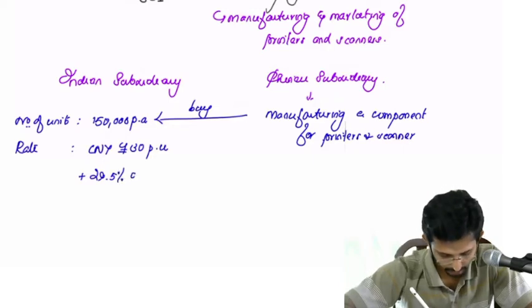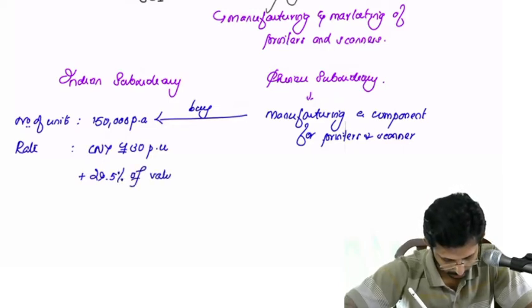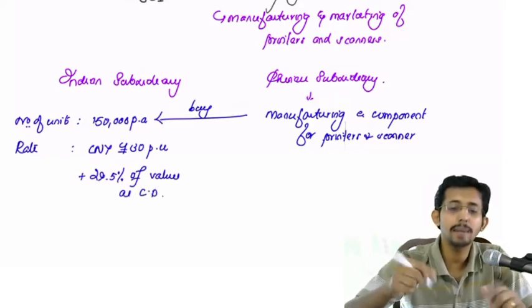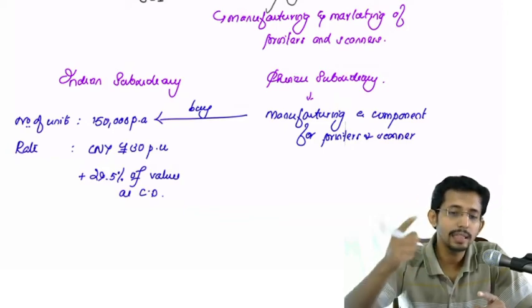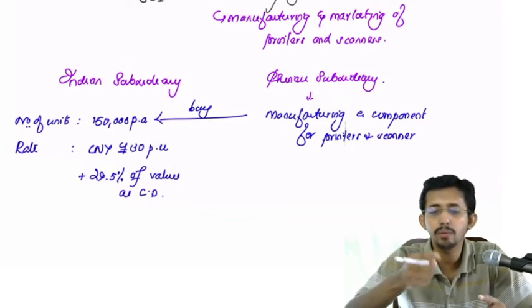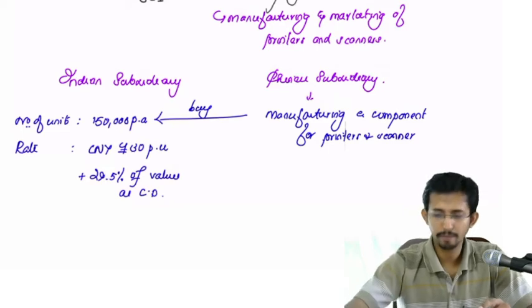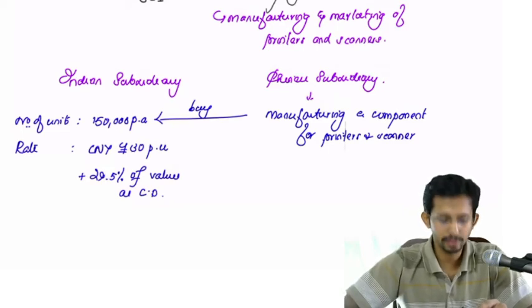This customs duty is paid in India, so the 29.5% has to be applied on the Indian rupee equivalent of the Chinese yuan 30. Got it?